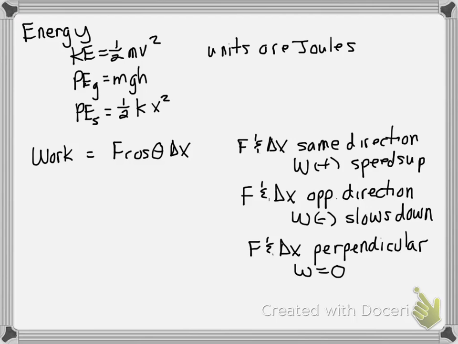So that's what work is doing, it is either increasing or decreasing the energy of the system. So if you have an object and you lift it up, you did work on it, force exerted in the same direction as displacement, that did work on the object, and you increased its gravitational potential energy in that case. So that's what the work did, was increase the energy of the system.